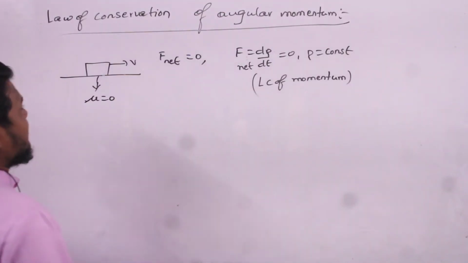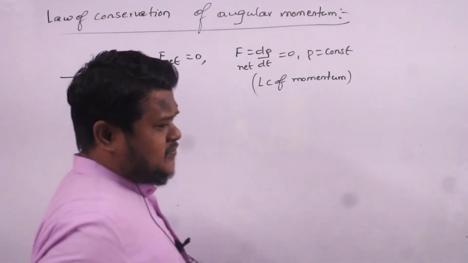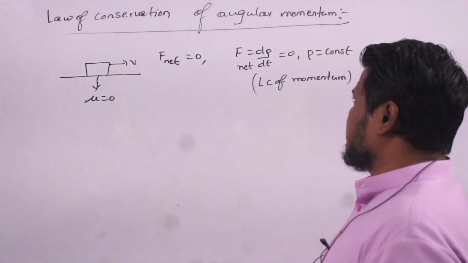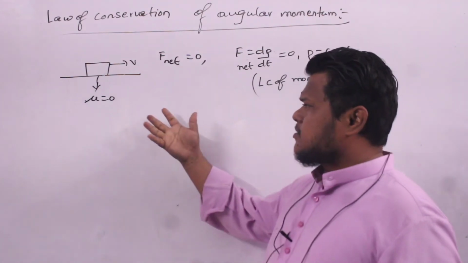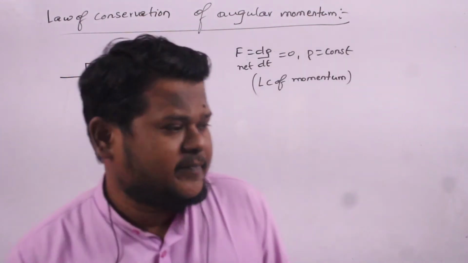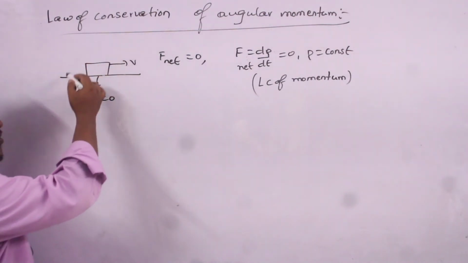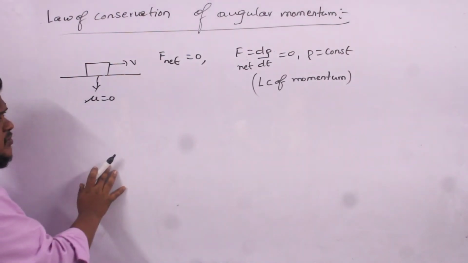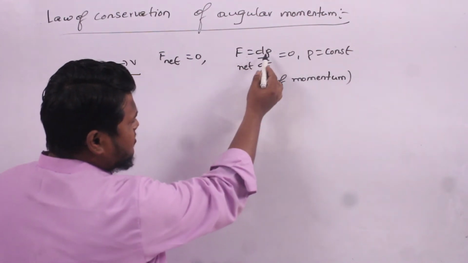Okay, so the next concept we are studying is the law of conservation of angular momentum. Before studying it, let us first revise the law of conservation of linear momentum. What is it? On a body, if the external forces acting are zero, then according to Newton's second law, F net is equal to dp by dt.